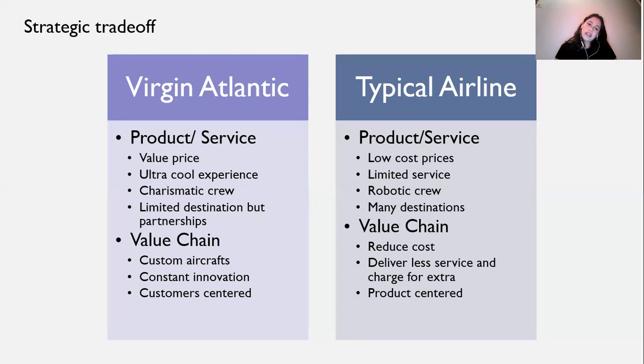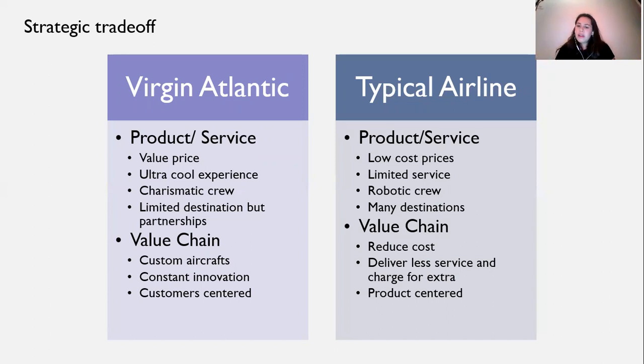So in Virgin Atlantic, we have a charismatic crew that also will transmit. They're the most important to transmit the cool experience, because it's not only the layout, not only the space, the environment, the inside of the aircraft. It is done by the people.